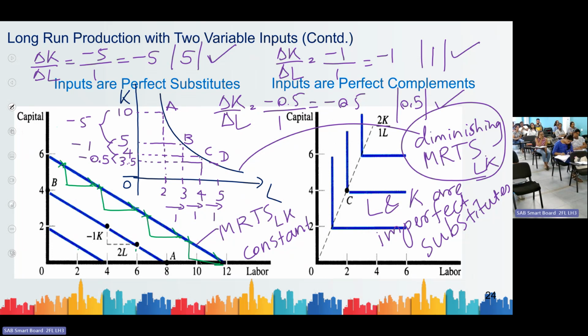The slope doesn't change. It should be 0.5 actually. The whole change in capital and the whole change in labor, 6 divided by 12, the slope is 0.5. The slope is minus 0.5. Marginal rate of technical substitution is 0.5.